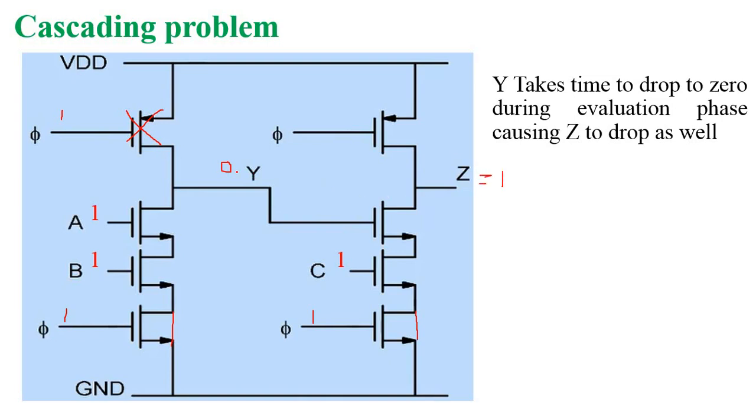But here it takes some time to discharge to 0. Actually, it is not supposed to go to 0 there. So in the pre-charge phase, output is equal to 1, and the 1 to 0 transition takes some time.